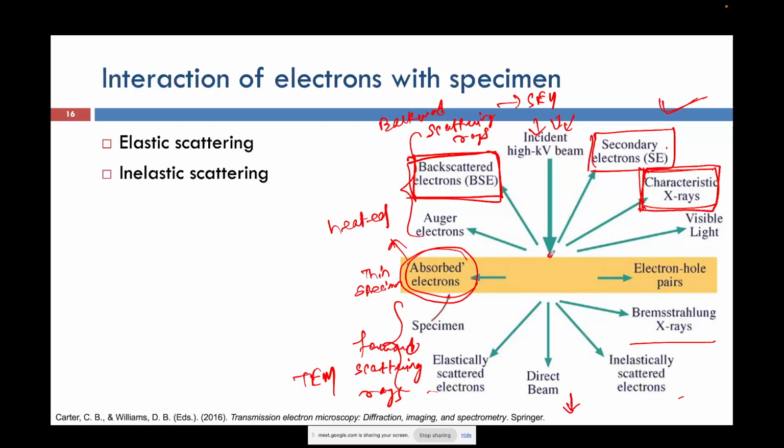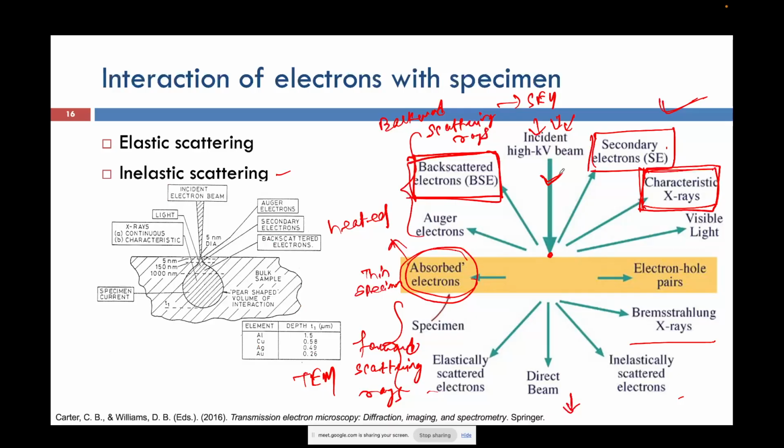It might get deflected, but it will not lose energy. Inelastic scattering means it will lose its energy, not necessarily completely, though it might also lose it completely, across a broad range of the energy spectrum. If the incident electron beam loses energy, that is what is known as inelastic scattering.